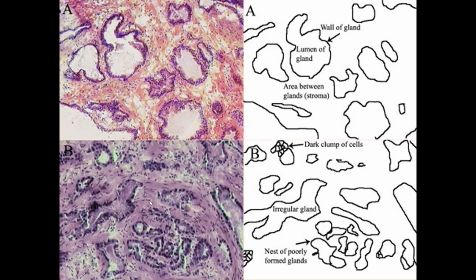Down here, the glands are shaped funny. They're irregular. This is a gland down here. Compare that to the gland up on top. Look, there are many more cells here because cancer cells don't have any kind of contact inhibition. Cancer cells will grow on top of each other.